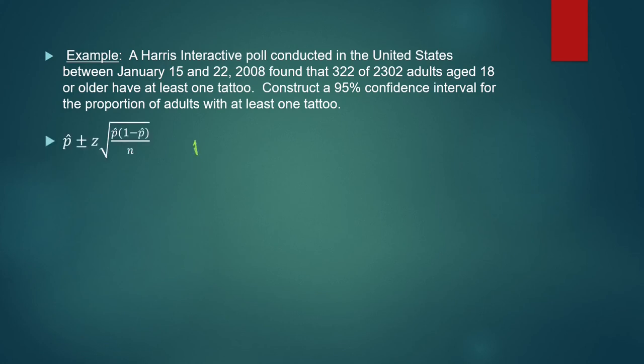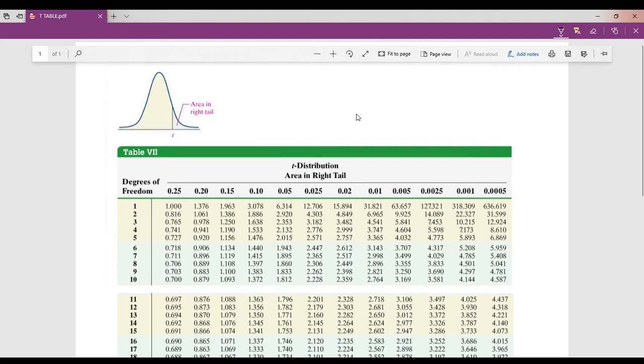From before, we calculated that p hat was 0.140. The sample size is 2,302 individuals. And z can be found using our t-table. To find the correct value of z, we take the level of confidence and subtract it from 1, 1 minus 0.95 divided by 2.